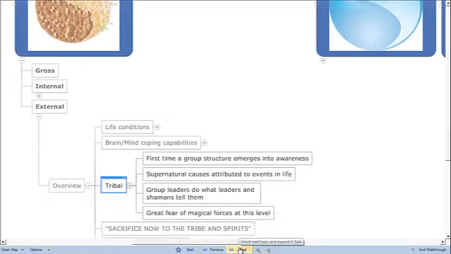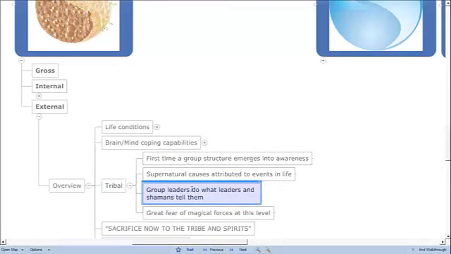So really this is just tribal consciousness. It's really the first time a group structure emerges into awareness. And you see supernatural causes are attributed to normal everyday events in life, the spirits, the gods, whatever.